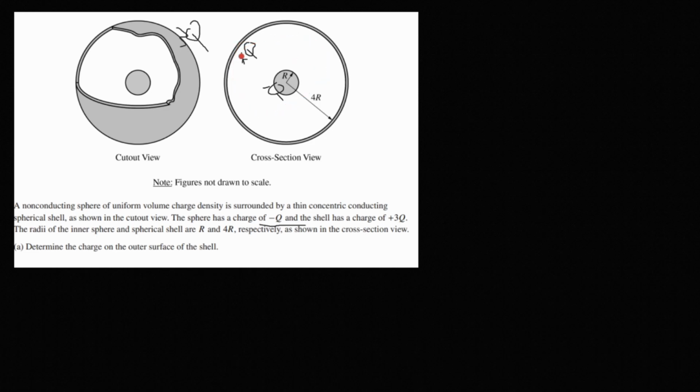There's no net charge if we draw a Gaussian surface in here, right? There would be no net electric flux, or no net charge. So these plus q and minus q have to cancel on the inside of this shell.